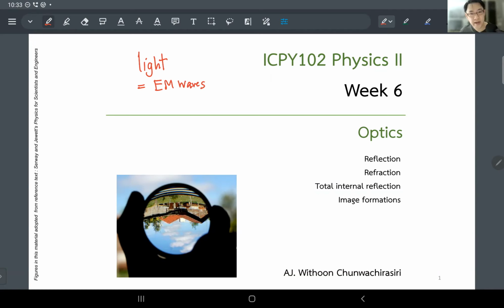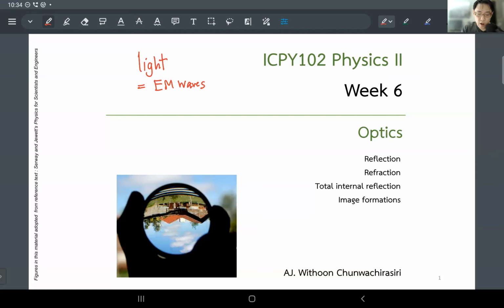So it's a wave that doesn't really have any medium. There's no water, there's no string, there's no air molecule, there's nothing. It's just electric field and magnetic field that fluctuate up and down.